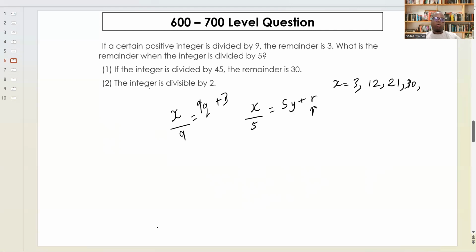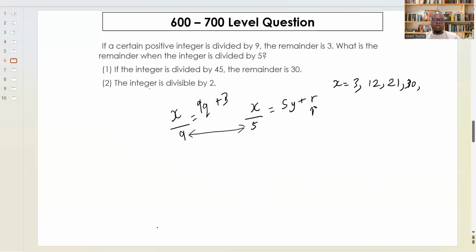So getting to know the relationship maybe between 9 and 5 will really help us to demystify what sufficiency would be. Because we have two items that are more or less common in both scenarios: dividing by 9 and dividing by 5. So we need to find a number which will divide by 5 and have a remainder.